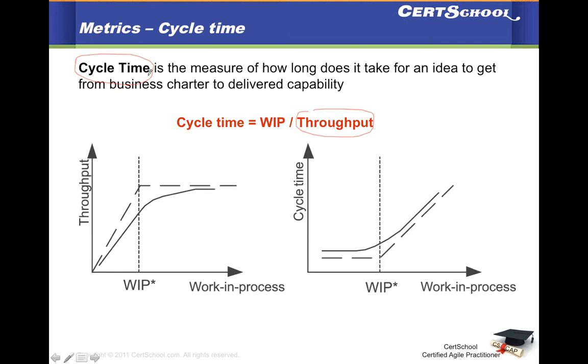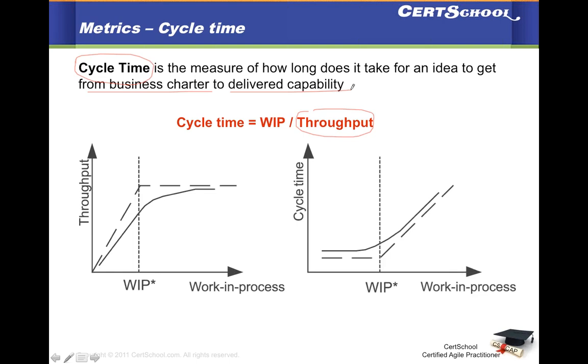By definition, cycle time is a measure of how long it takes an idea to get from business charter to delivered capability. Okay, so an idea pops up in your mind. From that point on, how long does it take to realize that idea? Okay, that is your cycle time.